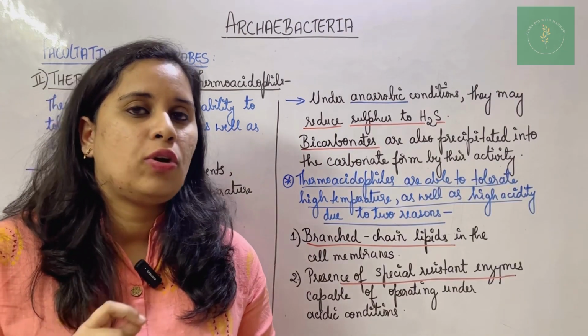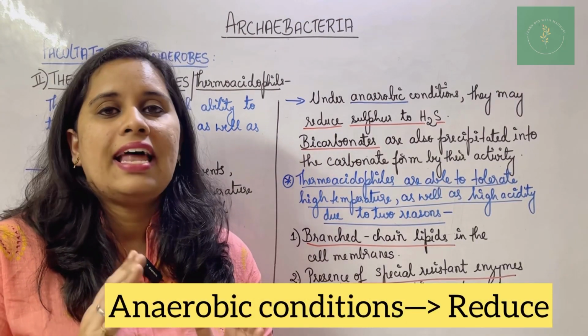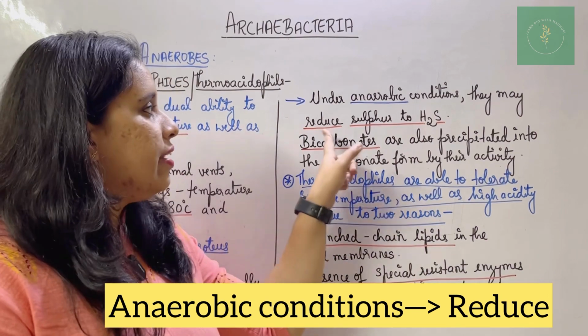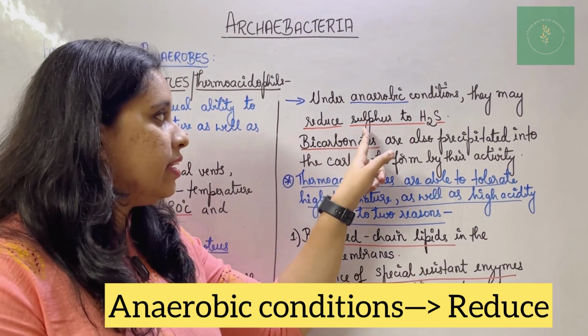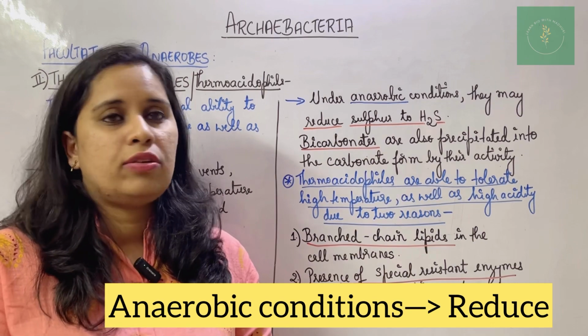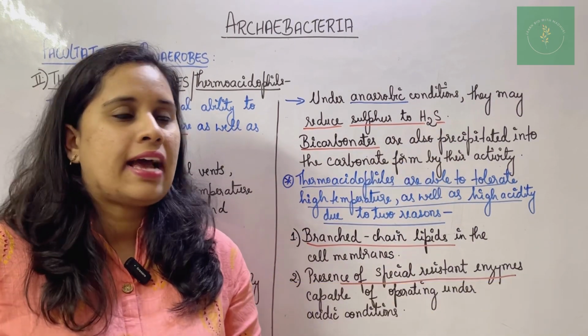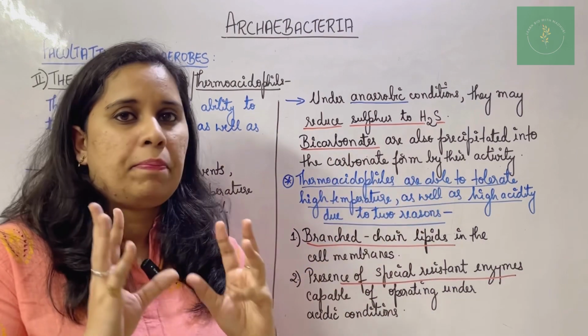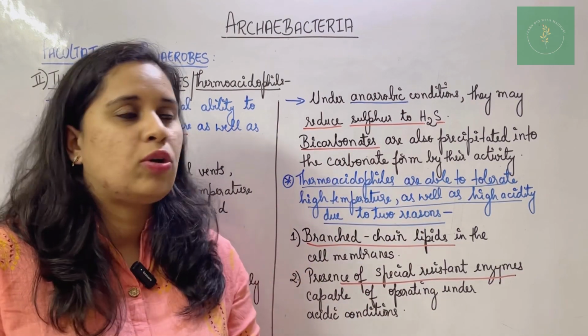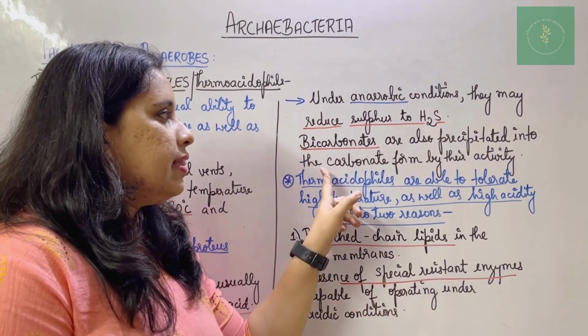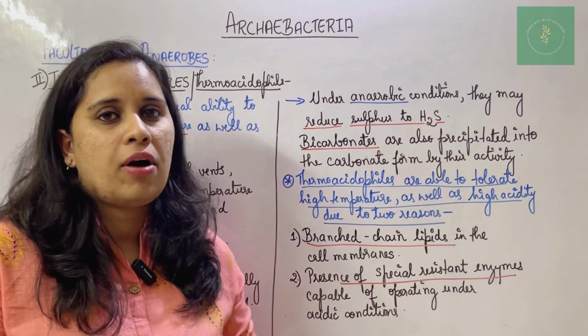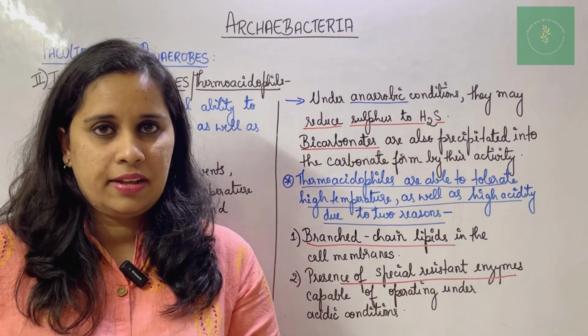Under anaerobic conditions, or lack of oxygen, reduction takes place. That is, sulfur can be reduced to H2S. Some of the bicarbonates can also be precipitated under anaerobic conditions into the carbonate form by their activity.